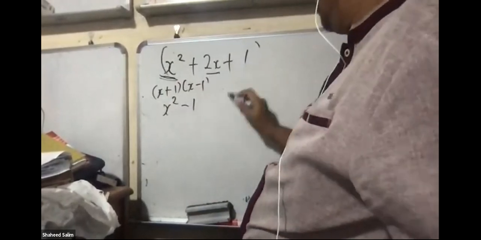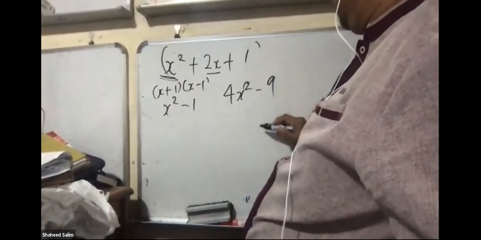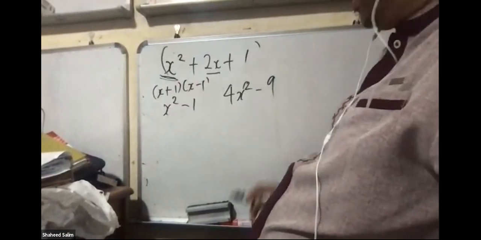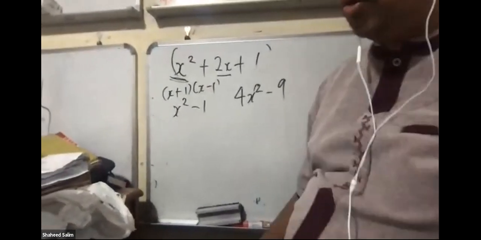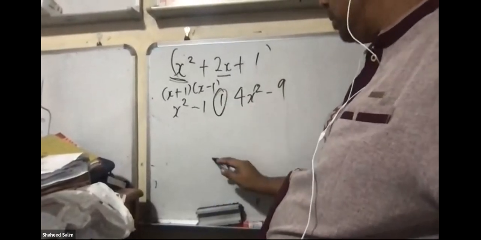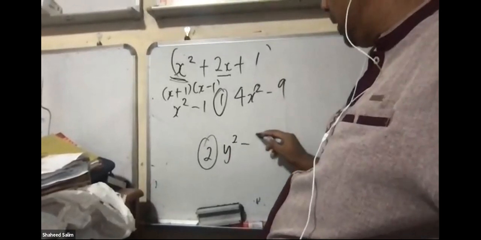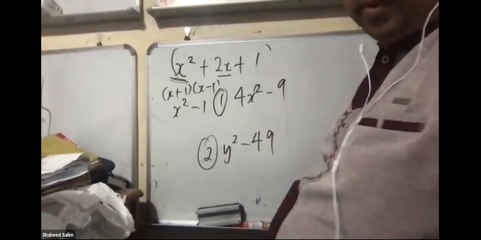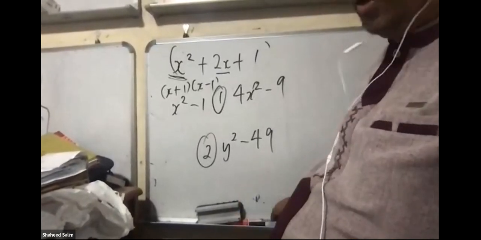Let's say now 4x squared minus 9. Can you try to factorize this? Then we look at the pattern so that you don't even need to do this after. Question number 2 is y squared minus 49. You tell me the answer you get, okay?